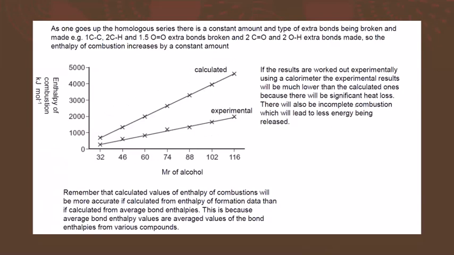As there are more carbon atoms, we need a greater amount of oxygen, and it increases the incomplete combustion of a hydrocarbon or a fuel such as alcohol. That's why the experimental values are always lower than the calculated value.